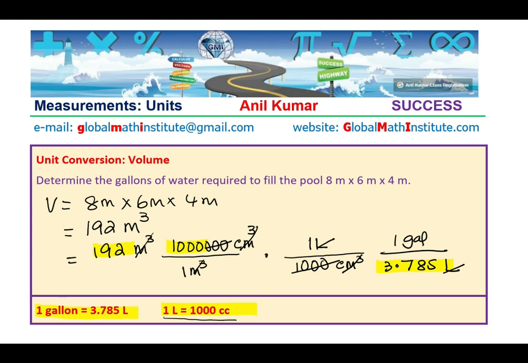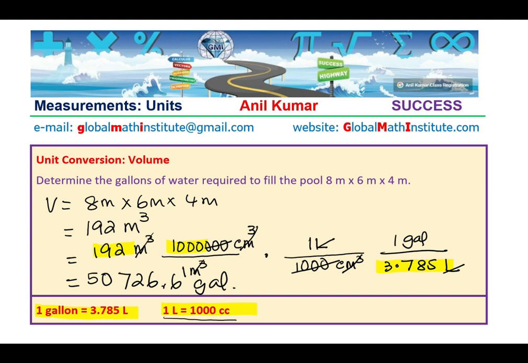And that gives you a very big number also, and that is 50,726 point, let's say 6 gallons. You see that? So that is how we can convert meter cubes into gallons. Extremely important question, correct? So I hope you have understood the concept.